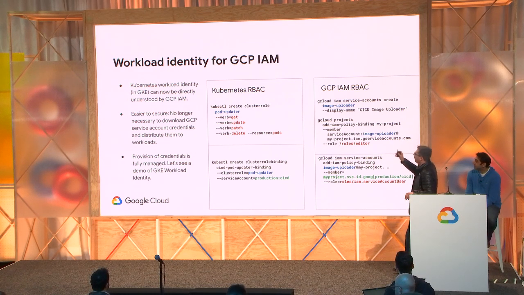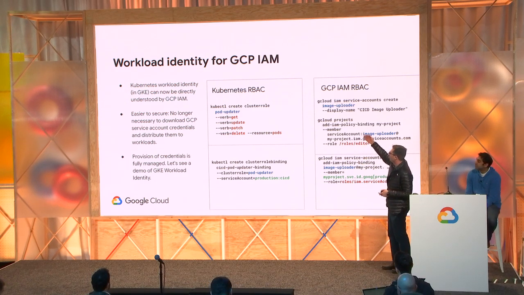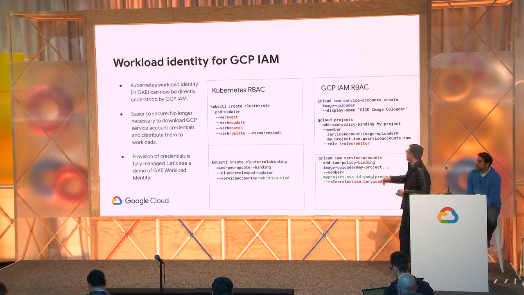So if you look at the parallel here, in Kubernetes RBAC, if you wanted to grant privileges, you create a cluster role, and you create cluster role bindings where you grant those roles' privileges to specific users or groups or service accounts.